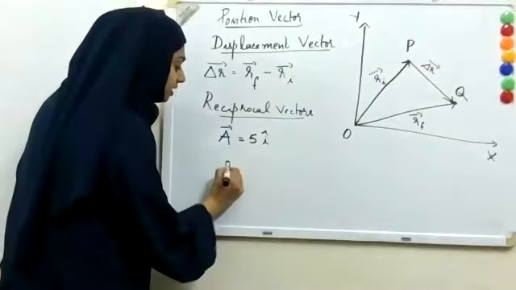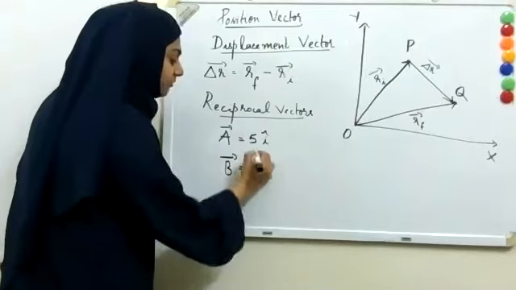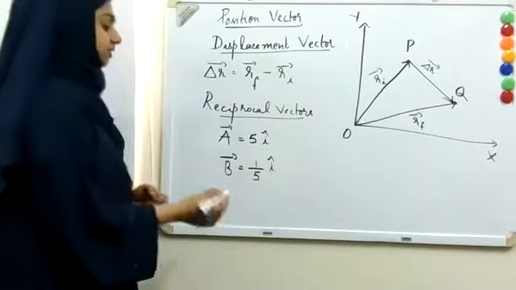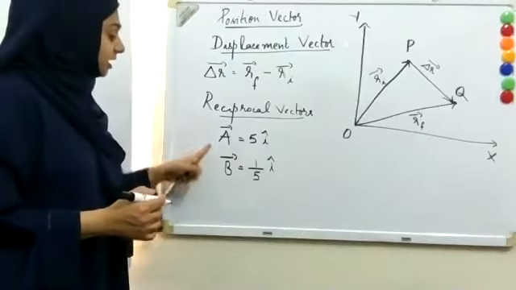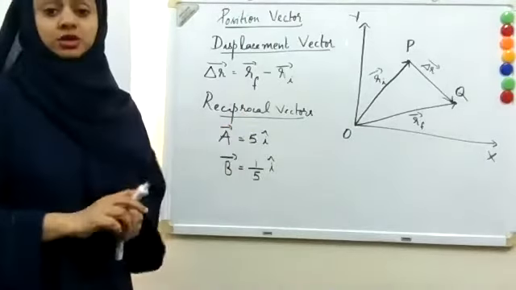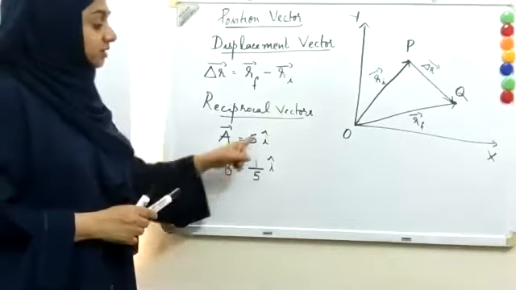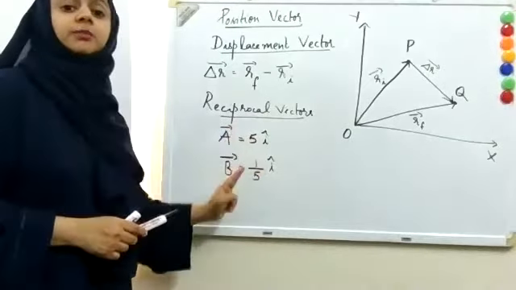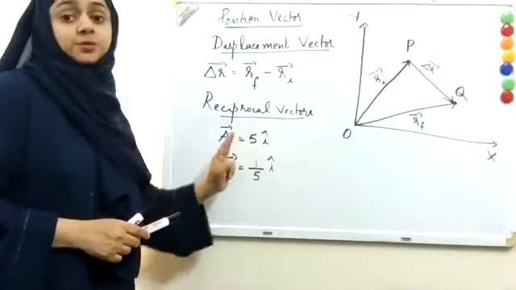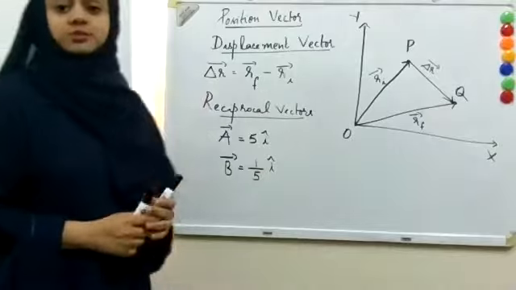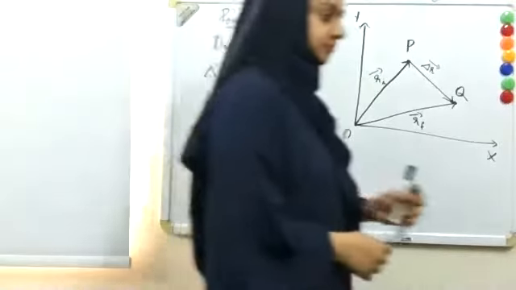Now if I have another vector B having a magnitude 1 by phi, but in the same direction, then I can say that A and B are reciprocal vectors. So reciprocal vectors means vectors having the same direction, but their magnitudes are reciprocals. So is this clear to you, the three types of vectors?